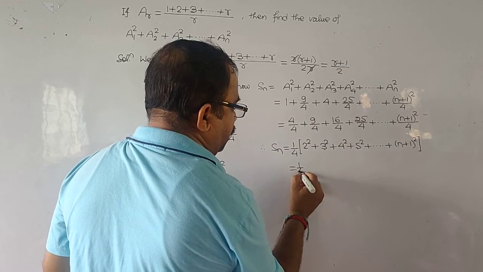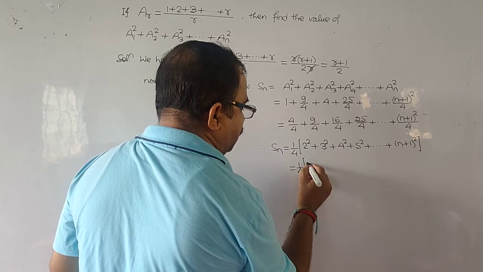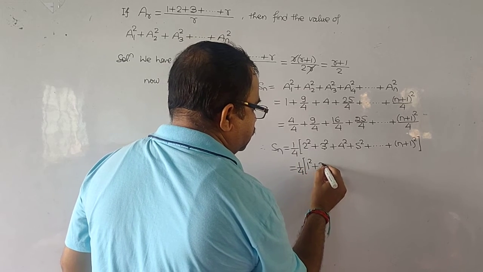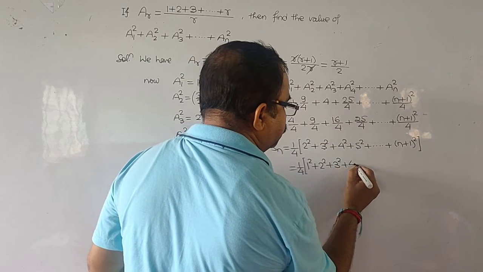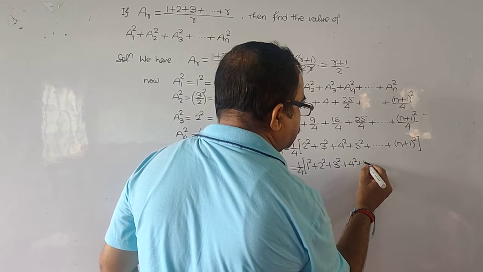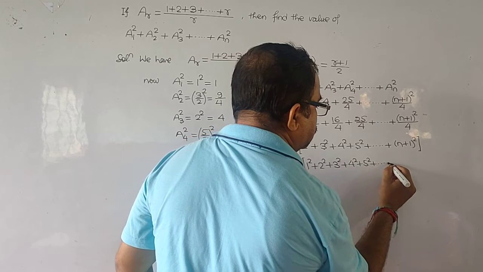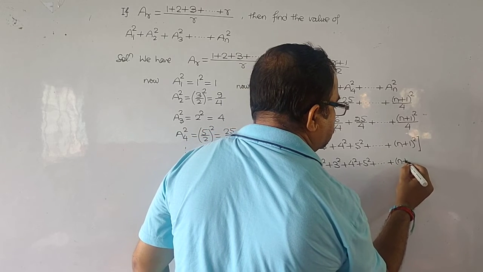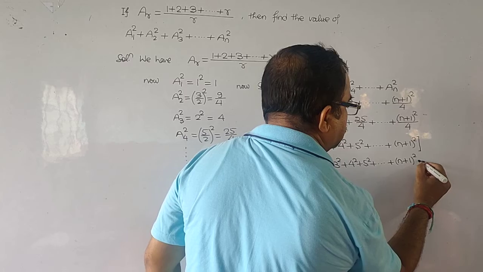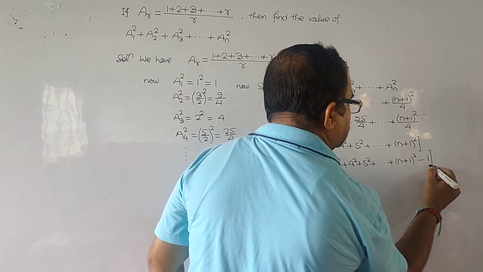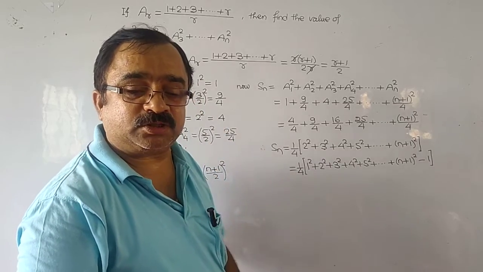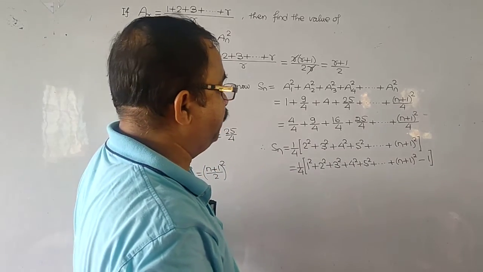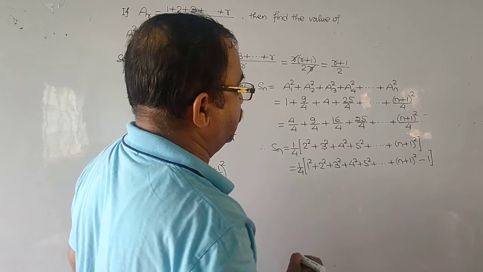If we add 1 square and subtract 1 square, this is the summation of squares of the first n plus 1 natural numbers.